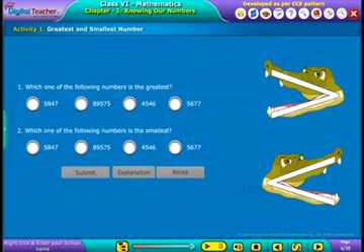Let us do a simple activity to find the greatest and the smallest numbers.